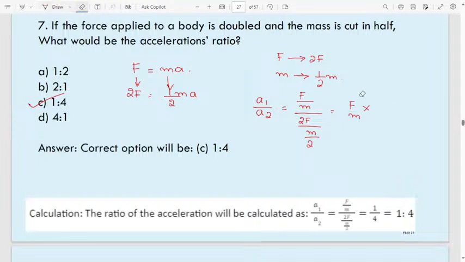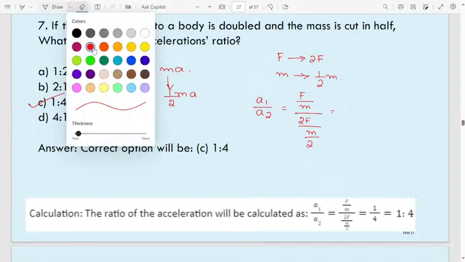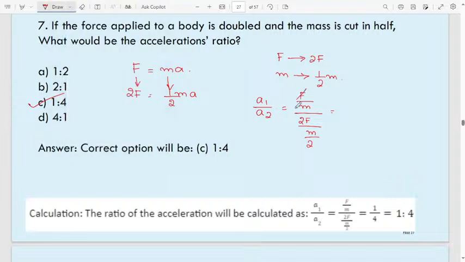That is the easiest one. Cancel it here. See, F it will get cancelled, M it will get cancelled, then 1 by 2 it will become reciprocal, it will move up, it will become 2, 2 2s are 4, therefore the ratio it will be 1:4.